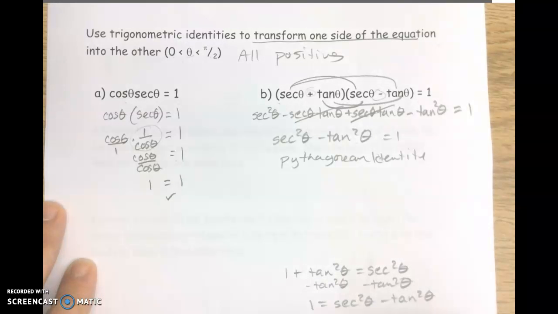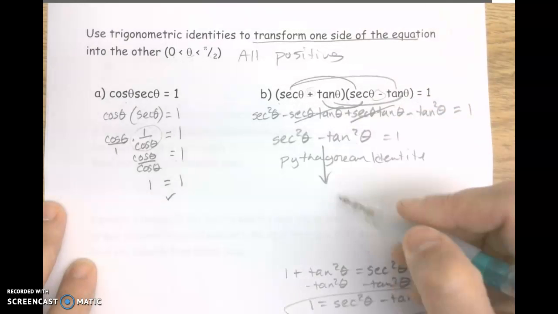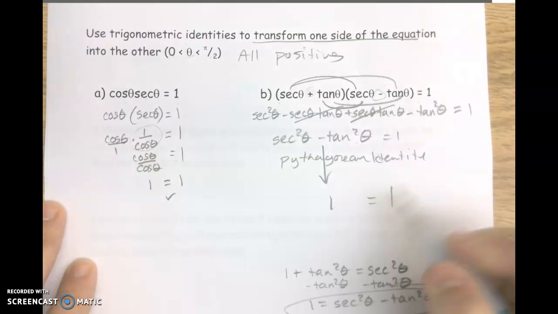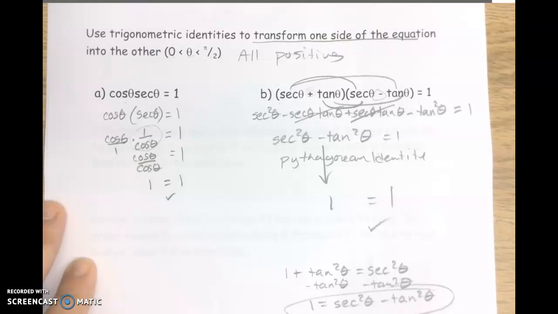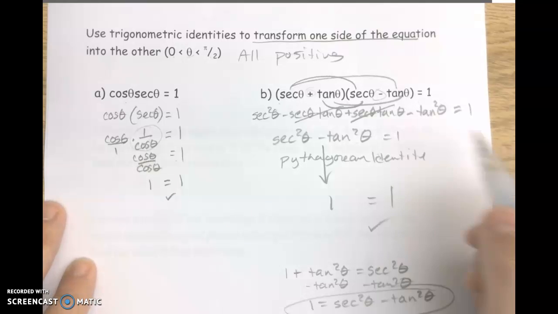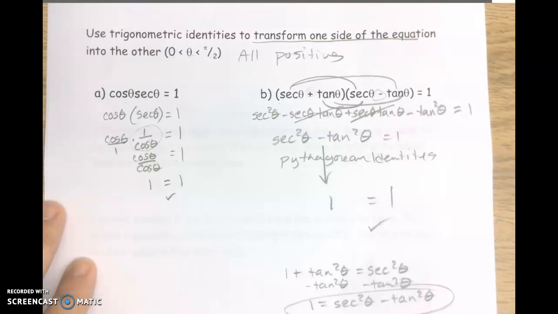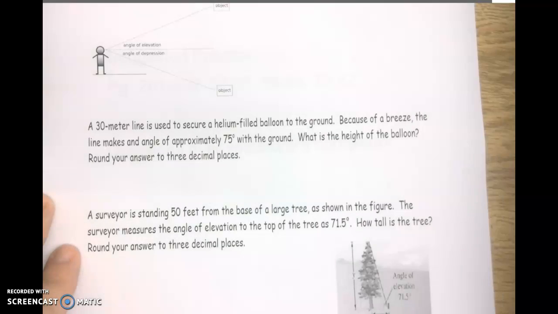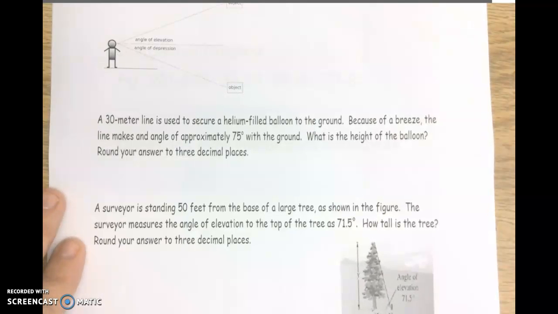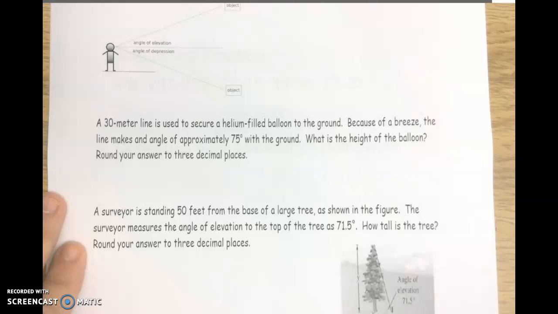Remember we talked about how you might see those. So that means this right here is equal to 1 and 1 is equal to 1. Okay, so you're going to have a couple of those where you have to look at your identities, so keep those handy. The last thing for this section, 4.3, is a little bit of word problems.